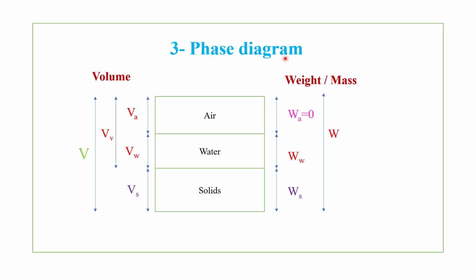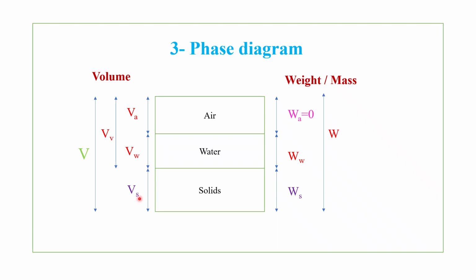This three-phase diagram forms the basis of soil mechanics. Almost all the formulas come from this diagram. Normally, we write the volumes on the left side and weight or mass on the right side.